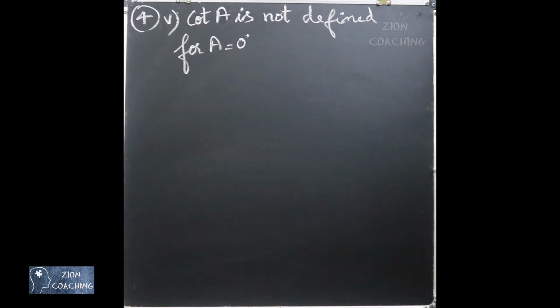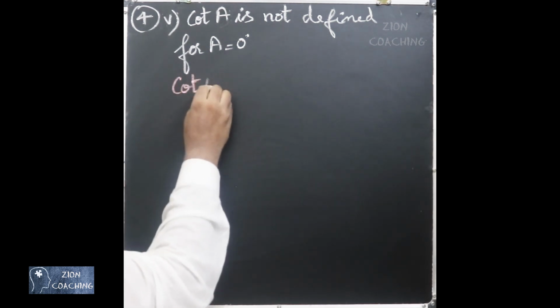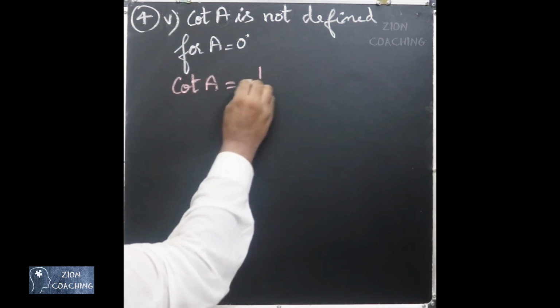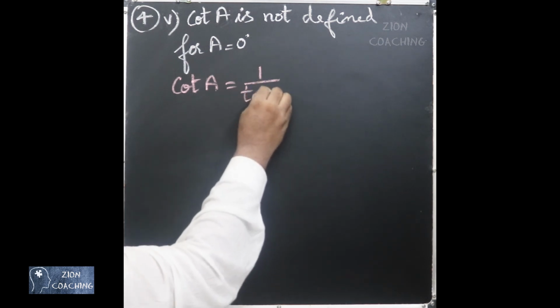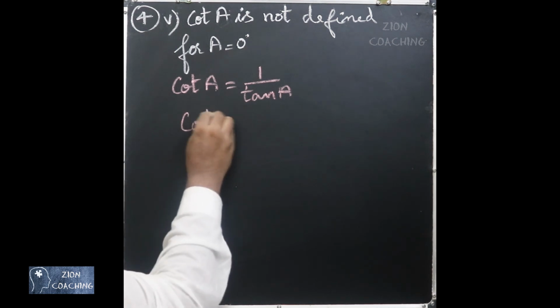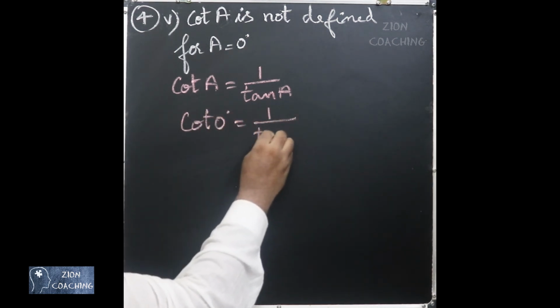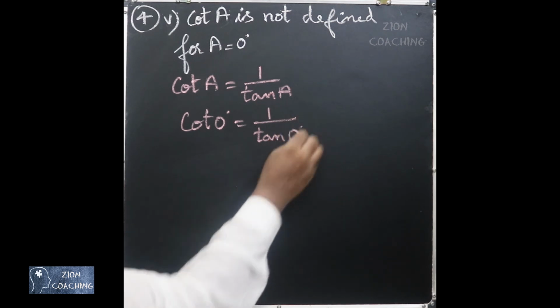Fifth subdivision, the statement given is cot A is not defined for A equal to 0 degree. Now you know that cot A is equal to 1 by tan A, then cot 0 degree is going to be 1 by tan 0 degree.